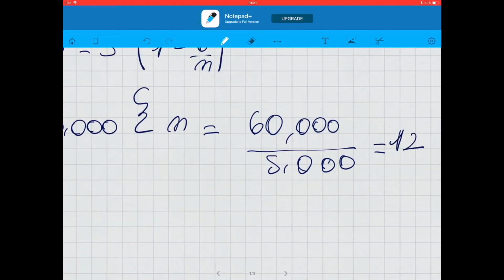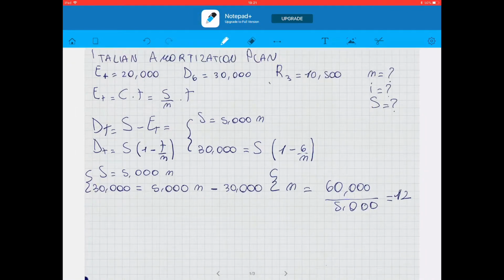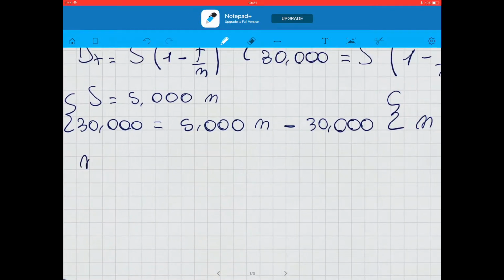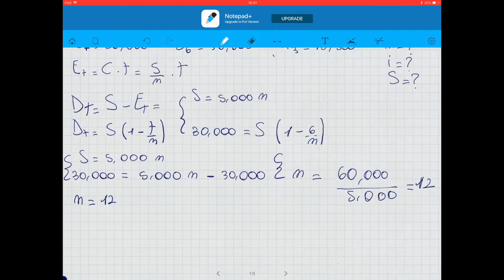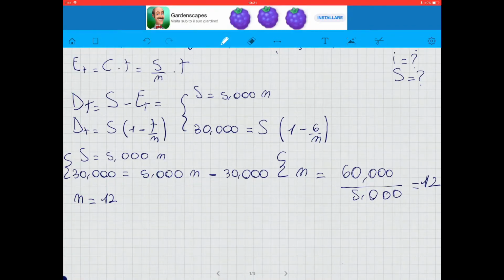So we have that N is equal to 12. And this means that we have to repay our loan in 12 periods of time. Then the other problem was to find S, and S is equal to 5,000 times 12, so it's 60,000.